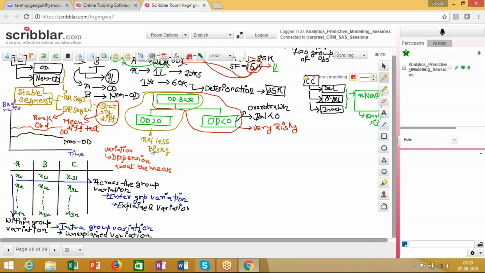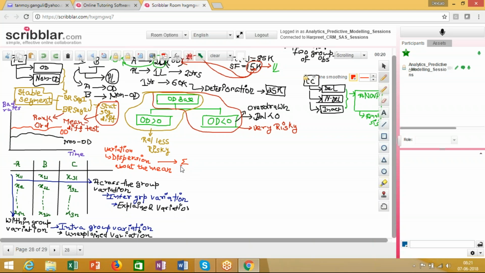So the question that comes next is how do we define the dispersion about the mean? Dispersion is nothing but the sum of squares of the deviations.